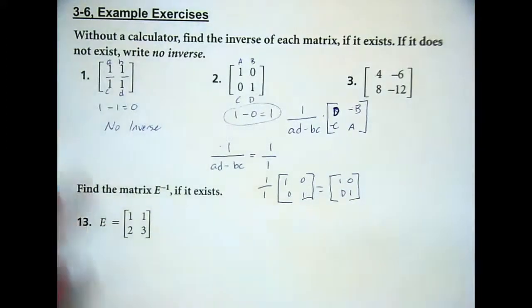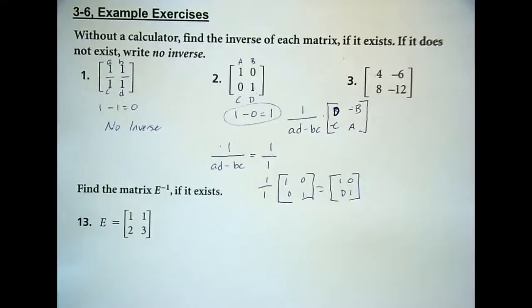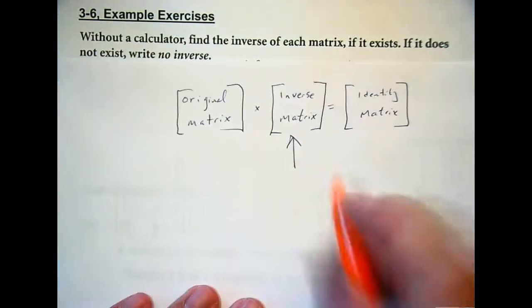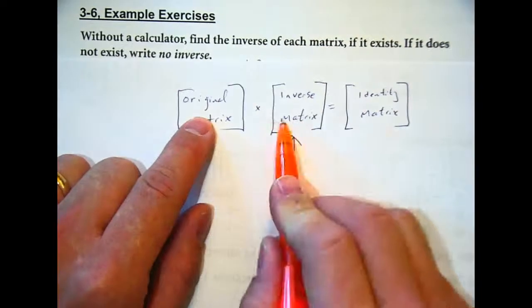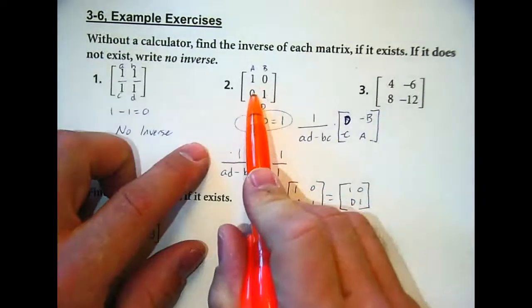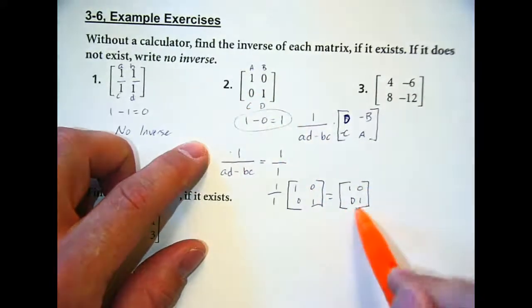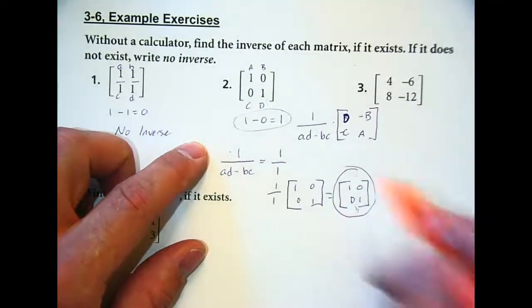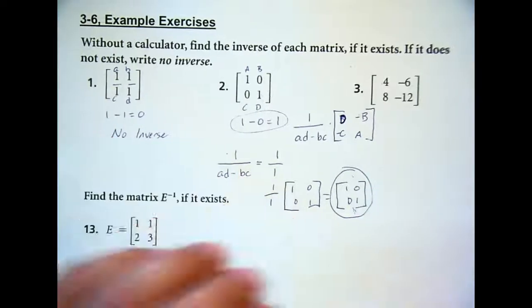If you multiply an inverse, the whole point of the inverse matrix is to take the original matrix and multiply by the inverse to get the identity. The only way you can multiply this identity to get an identity is to multiply by an identity. The inverse of an identity is the identity. Okay.